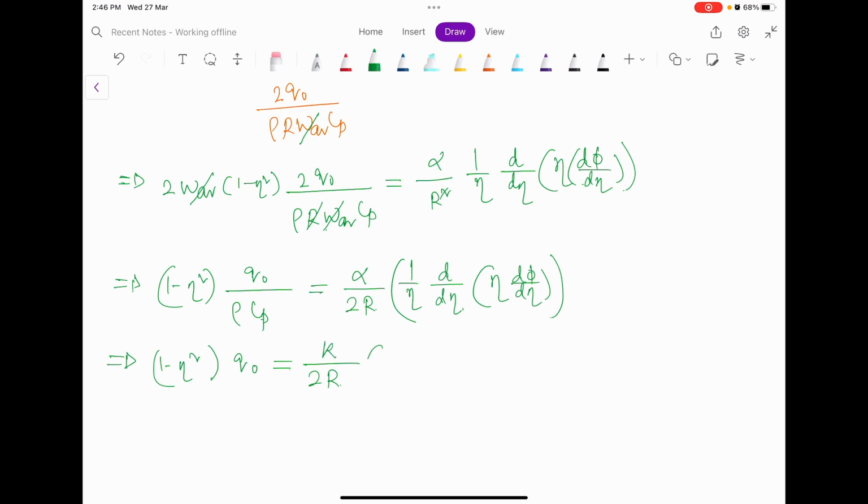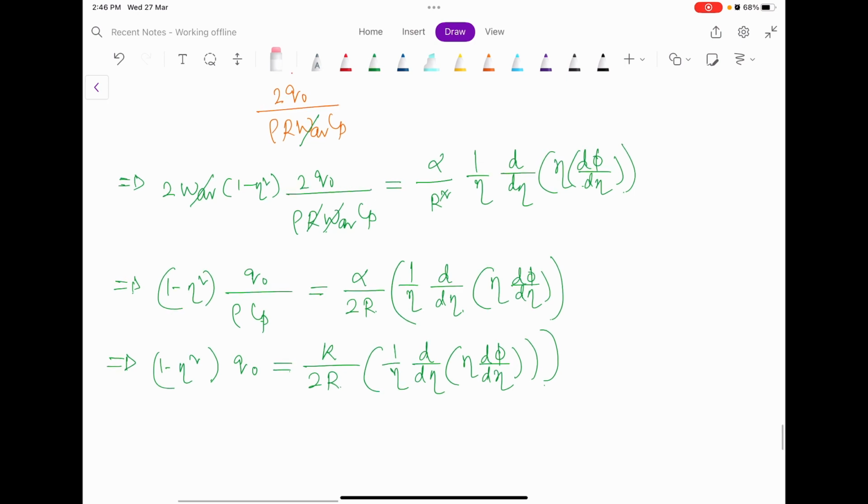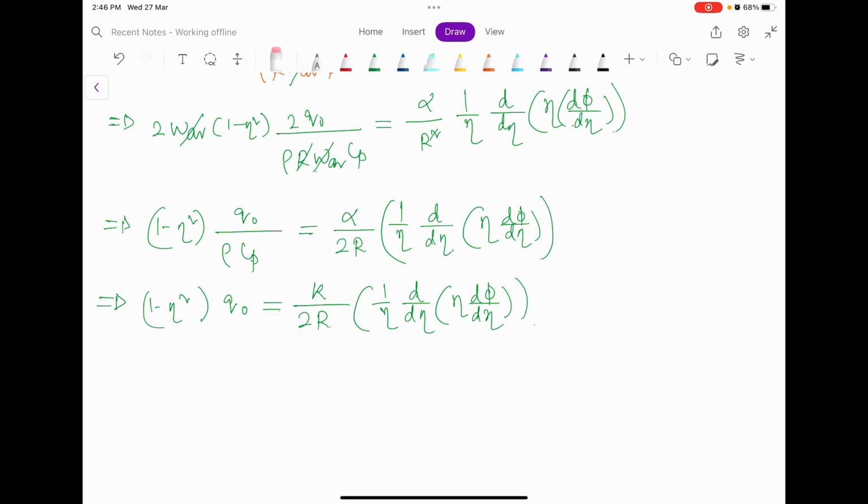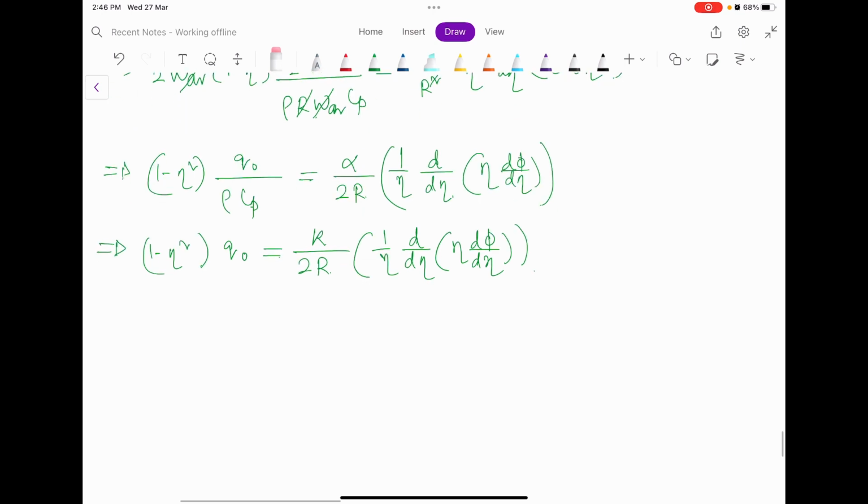So this will be k by 2r, this thing. How many brackets have I given? Okay, so now it is okay, right? Let us see what it has become.